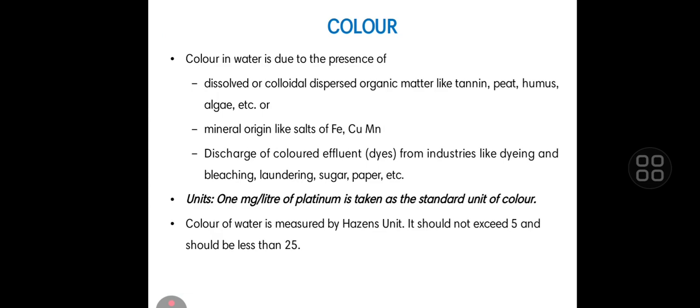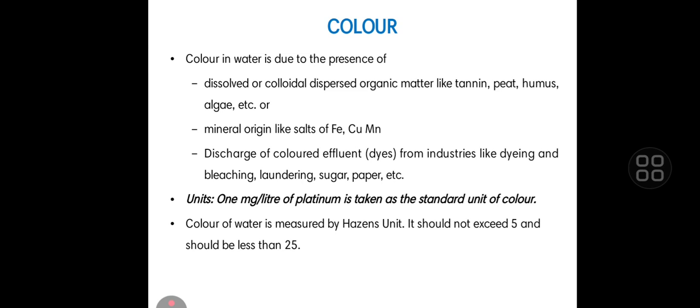The first quality parameter is color. Color is a shade imparted by organic or inorganic material which changes the appearance of the water. Sources of color are classified into two types: organic sources and inorganic sources.